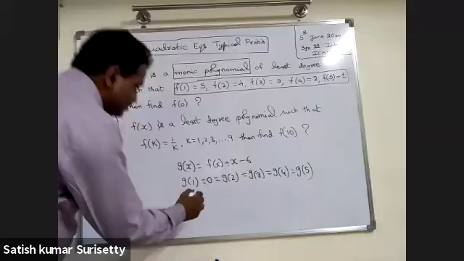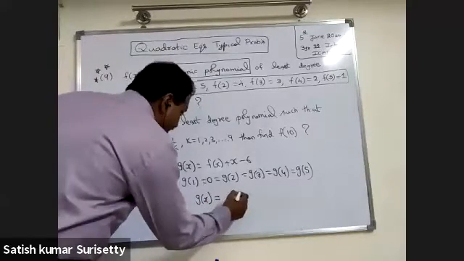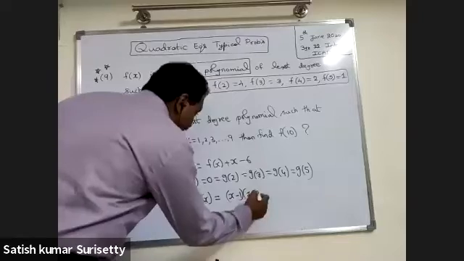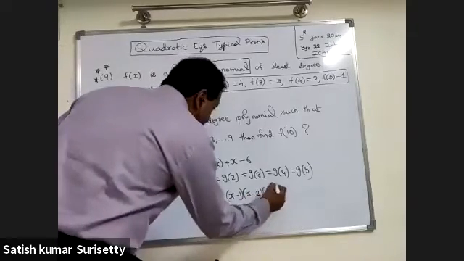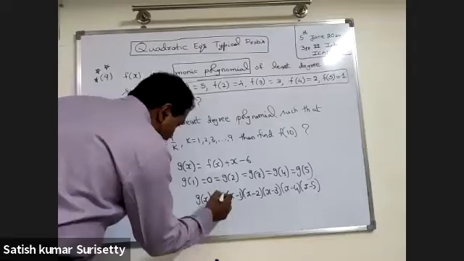Then I can write g of x equal to k into (x minus 1)(x minus 2)(x minus 3)(x minus 4)(x minus 5).